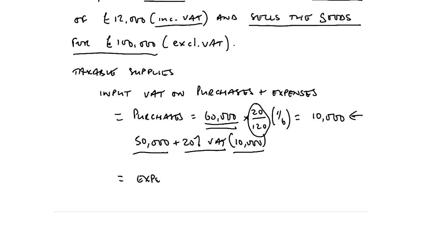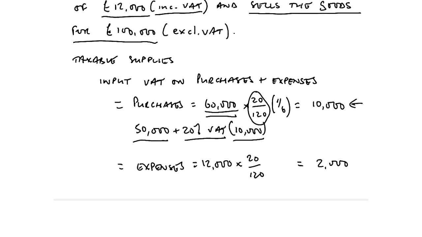And then on the expenses, you should be able to work that figure out for yourself now. On that £12,000 inclusive of VAT, how much VAT have we suffered? So again, it's a VAT inclusive figure. You'll find that the numbers are of course very friendly here. Times 20 over 120, 21/20ths, 1/6 of 12,000 is £2,000.